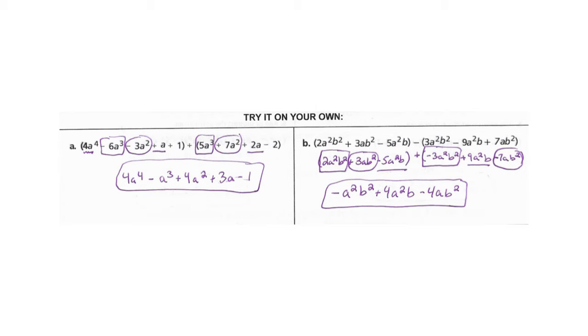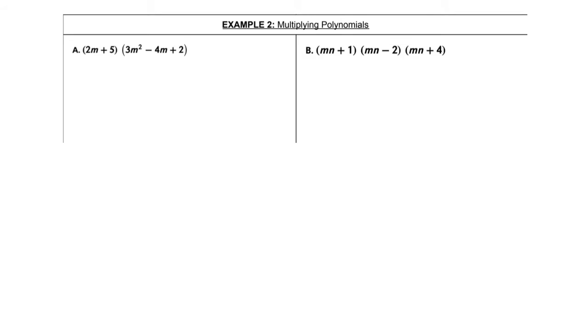In the first one, I circled some of the like terms, I squared them, I underlined them, I squiggly lined them, and then just added them together. B, same thing, except I had to change it to a plus sign first and take the opposite of each term in this whole parentheses, and then I combined them like in part A.